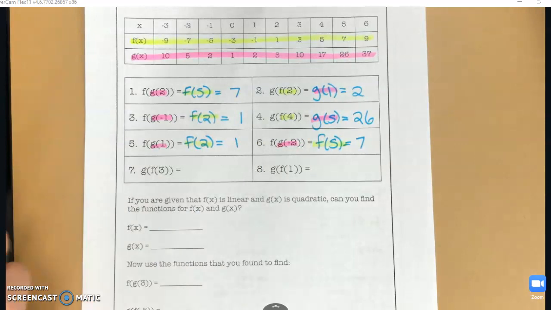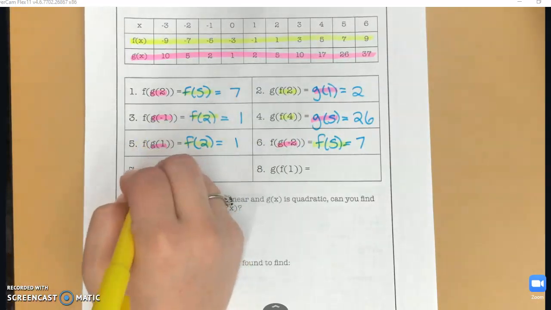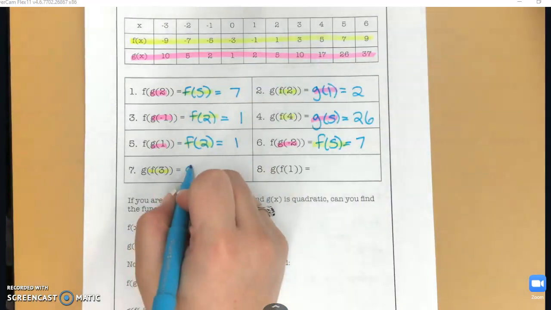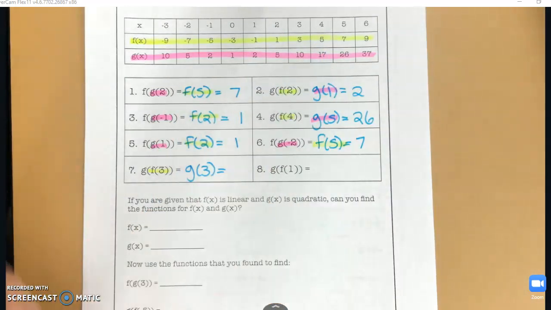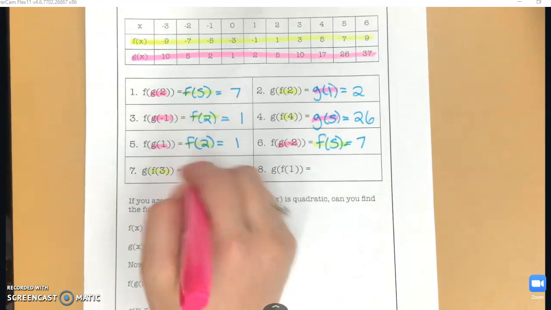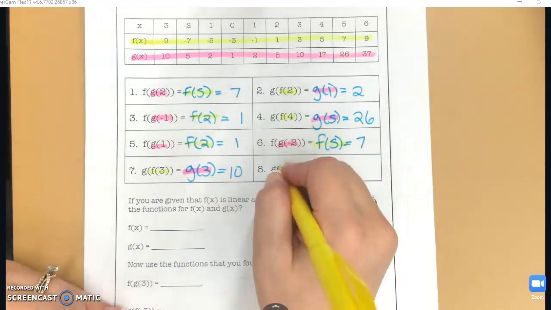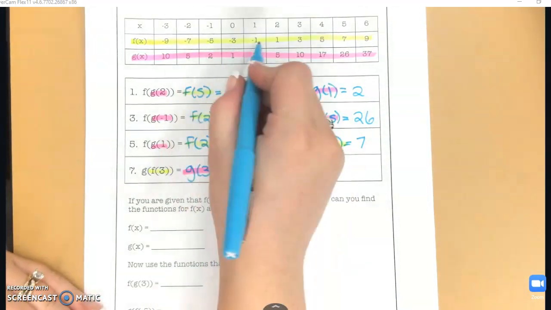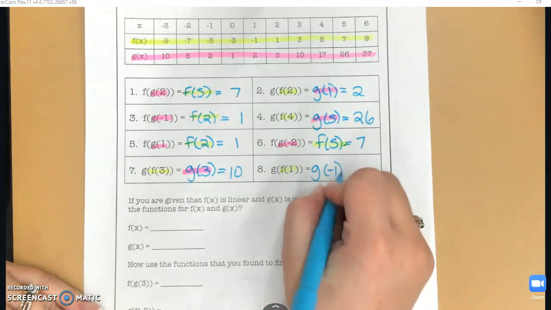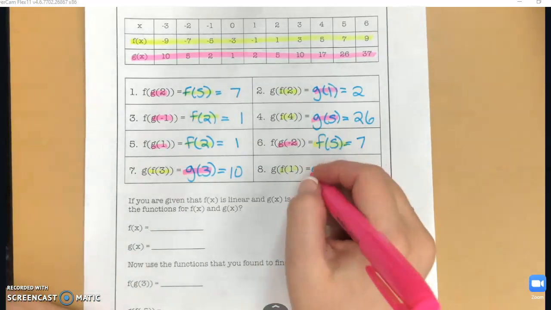On number 7, starting on the inside, f of 3, that is 3. So I now want to find g of 3 on my pink, and that gives me 10. Then last but not least, f of 1 is negative 1. So now I want to find g of negative 1, which is 2.